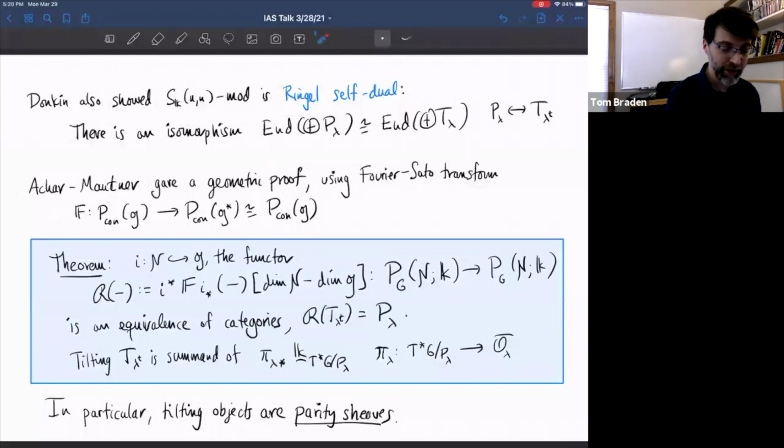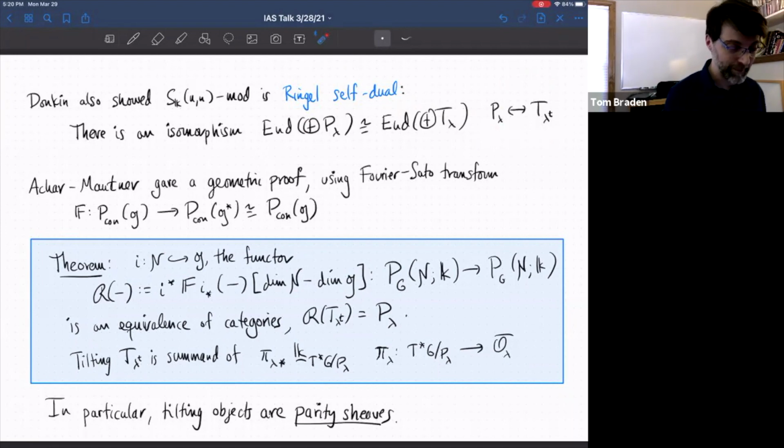So what the Ringel self-duality says is that the endomorphism algebra of the direct sum of all of the projectives is isomorphic to the endomorphism algebra of the direct sum of all the tiltings. And to be more precise, the correspondence is order reversing. So it's going to take the projective for lambda to the tilting for lambda transpose.